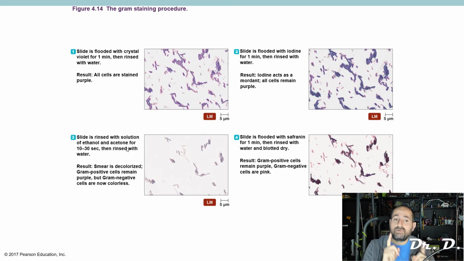However, notice how you only do it for 30 seconds. You want to know why? Well, because by 30 seconds, the gram-negative cells have completely got washed clear, but the gram-positive cells have only partially become washed clear. Does that make sense?